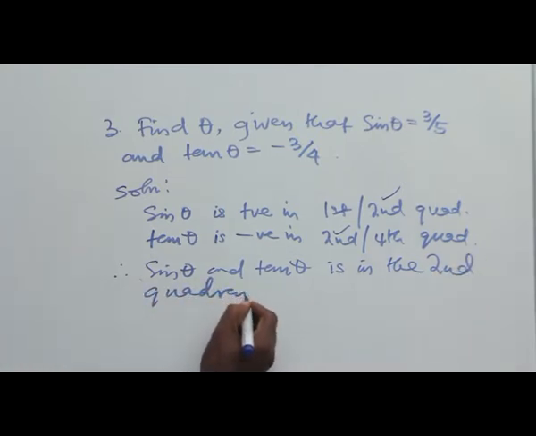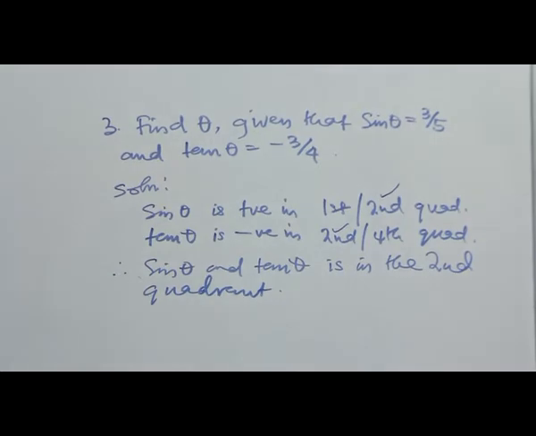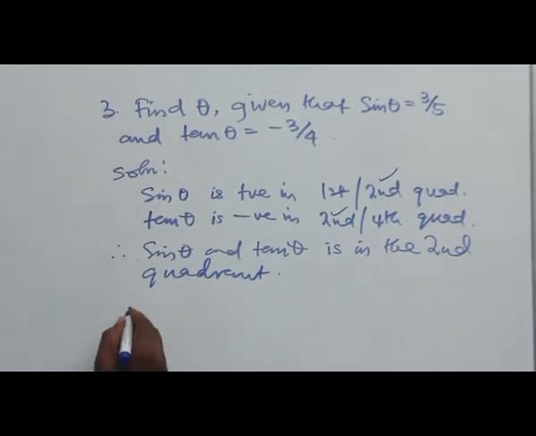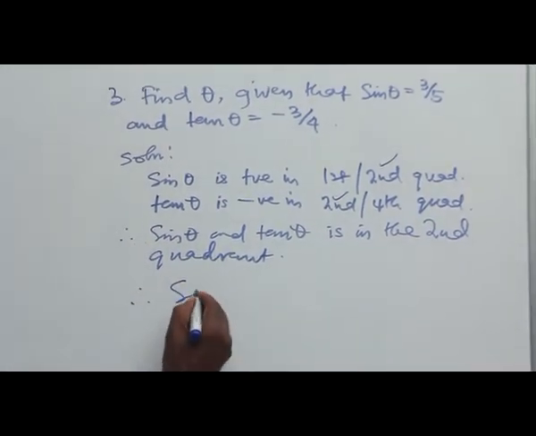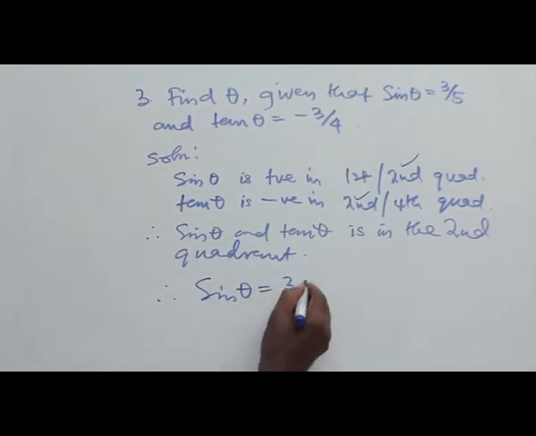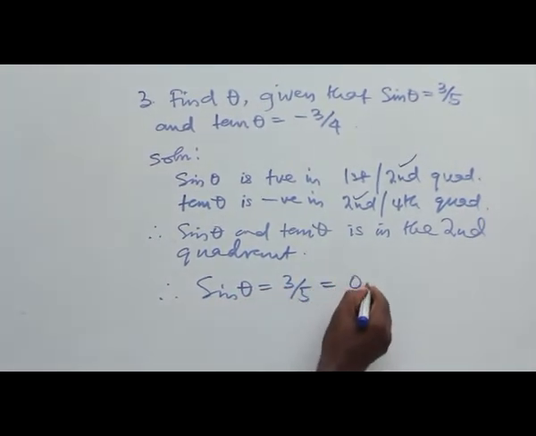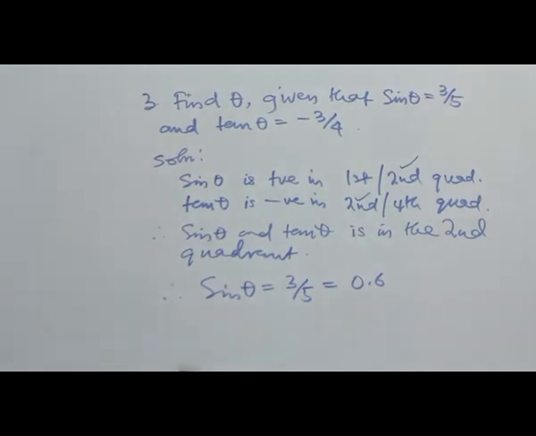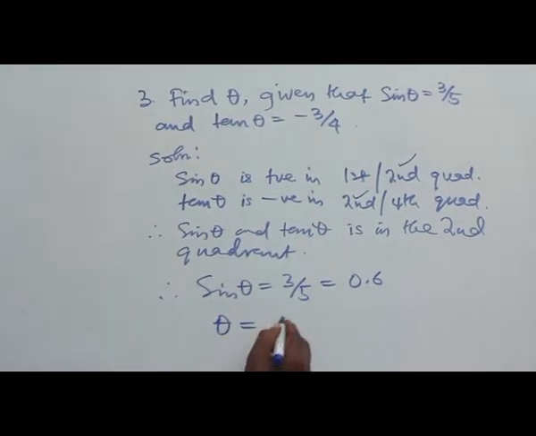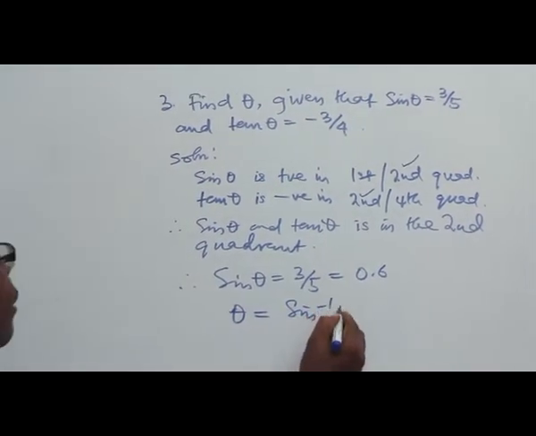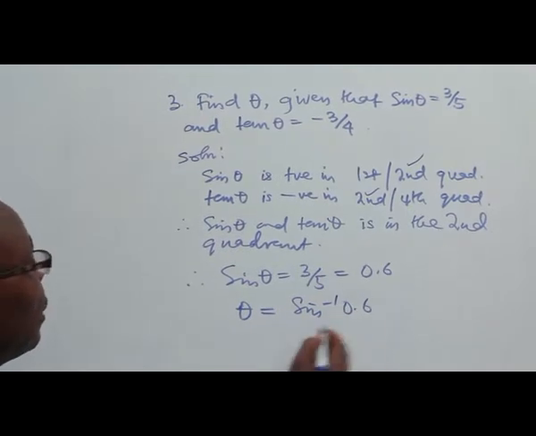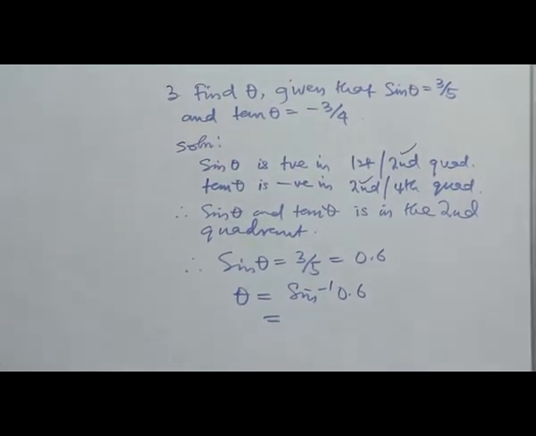Now that we know this, whatever value we get, therefore, your sin theta equal to 3 all over 5, which is equal to 0.6, and therefore your theta is equal to arcsin 0.6. And what is the value of arcsin 0.6?